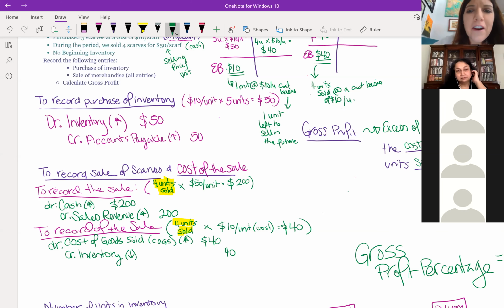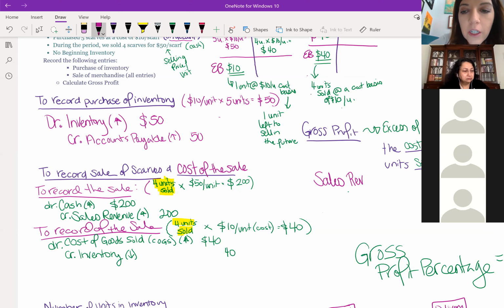Gross profit's a very simple calculation, and most companies do disclose this in their financial statements. It's not required because some companies will use that single step income statement and not disclose cost of goods sold separate from all of their other operating expenses and calculate gross profit. But a lot of companies do, and investors do care about it.